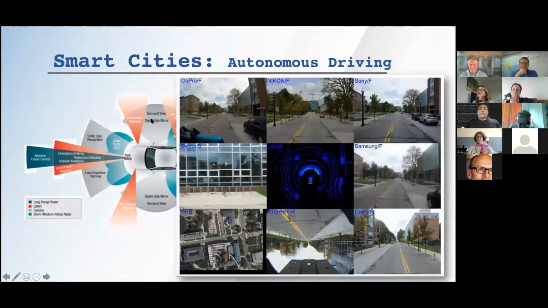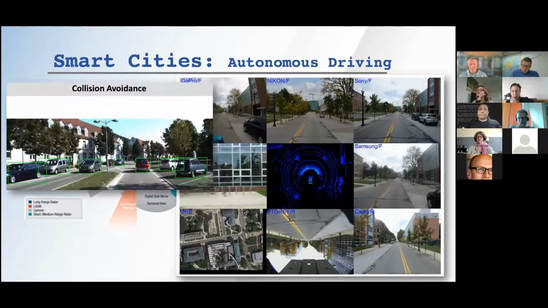There are many sensors, and some use LiDAR technologies, some are based on just cameras and vision. The integration of all of these inputs can make it possible to train a deep learning algorithm to make the self-driving car available.